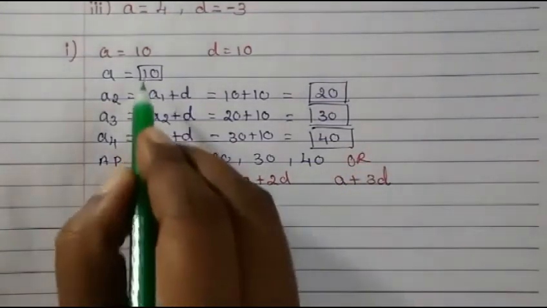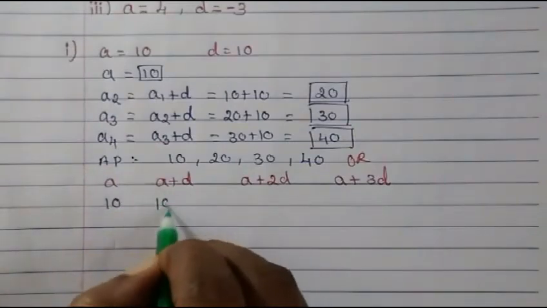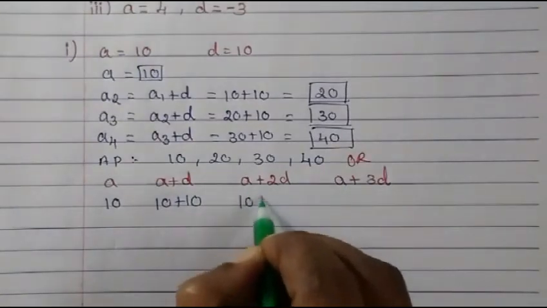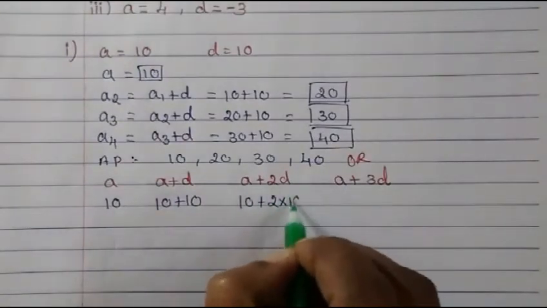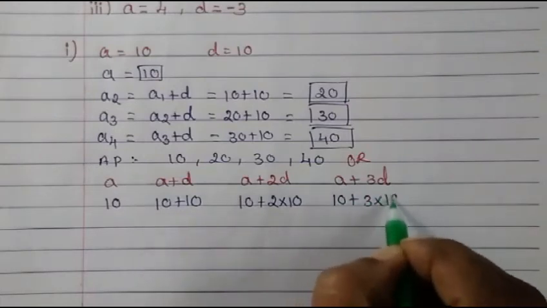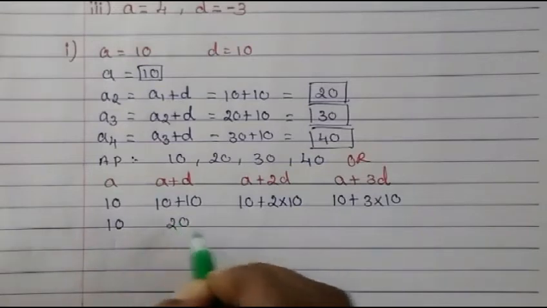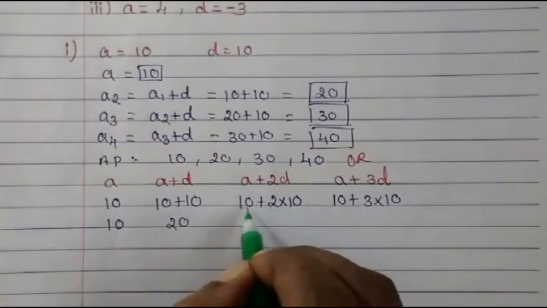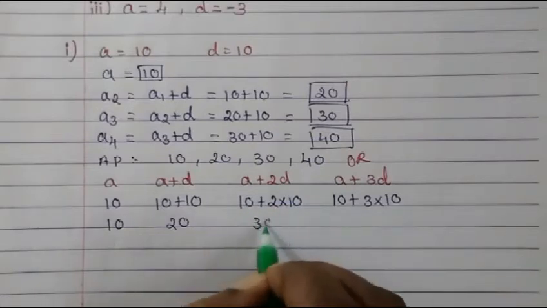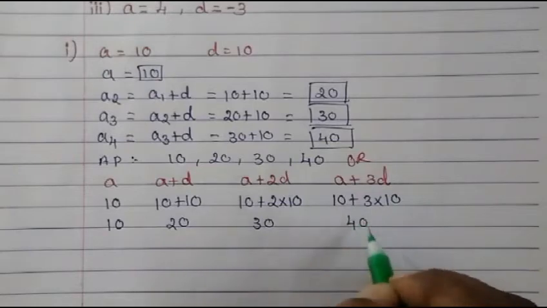Now A value we know, that is 10. Then A is 10 plus D is 10. Then A is 10, 2 into D is 10. Then A is 10, 3 into D is 10. Now you calculate: this will be 10, this will be 20, this will be 10 plus 2 into 10, 20, 20 plus 10, 30, 3 into 10, 30, 30 plus 10, 40.